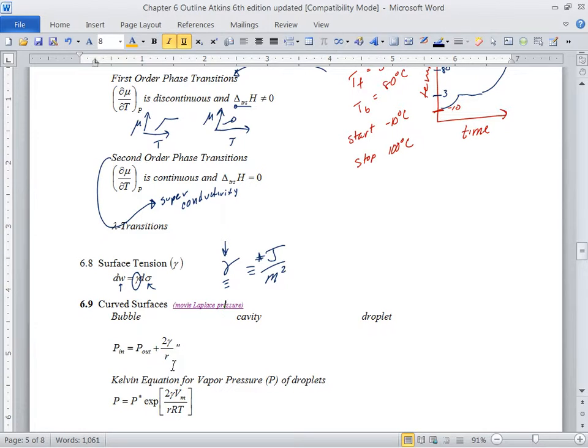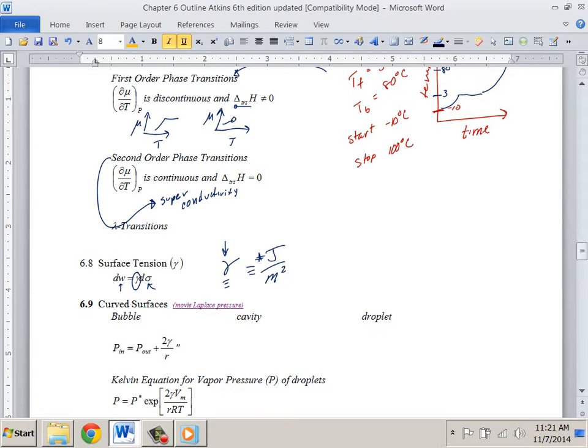Because inside is the outside plus some number, right? So the inside's definitely bigger. And what do you think little r is? Radius of the bubble. So you can get some pretty big differences here between the inside pressure and the outside pressure of a bubble. Because dang, look at that. I mean, you get a small bubble.